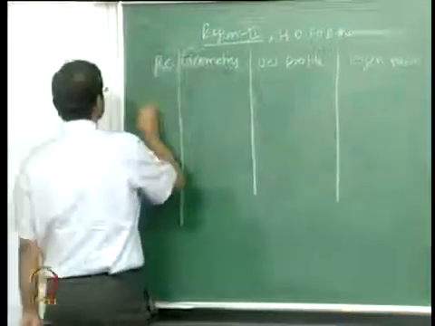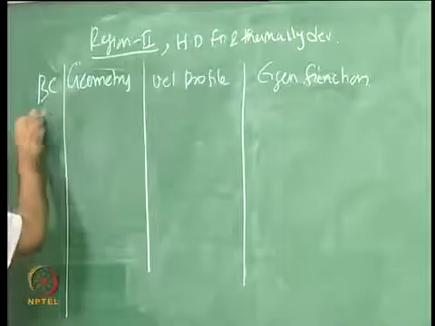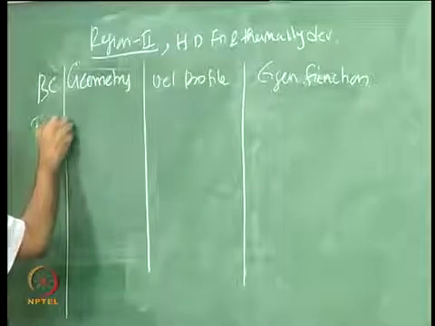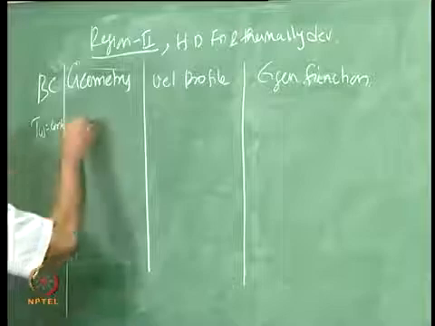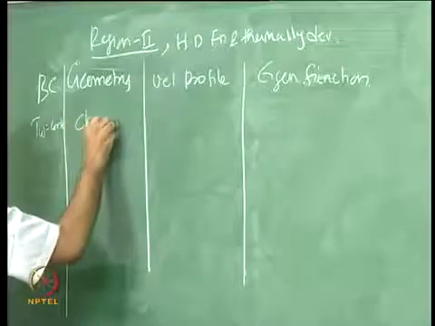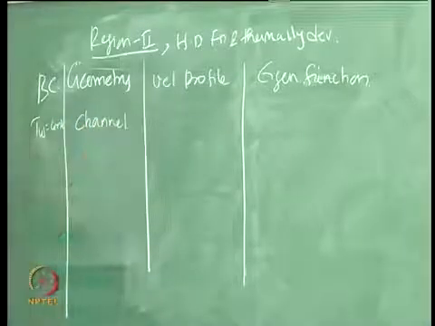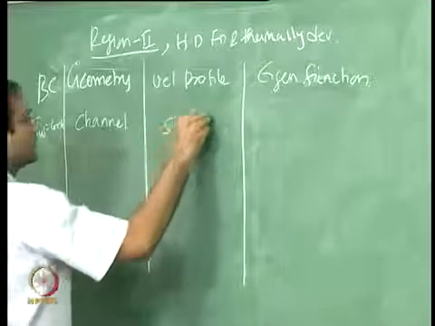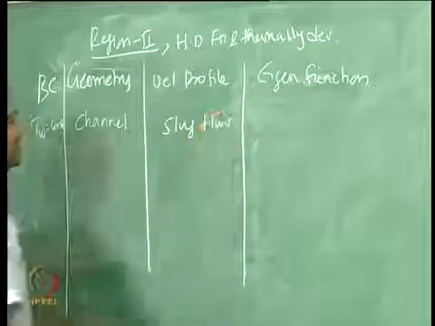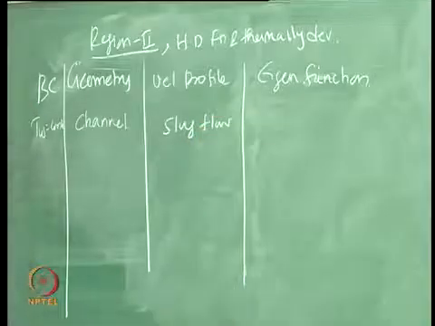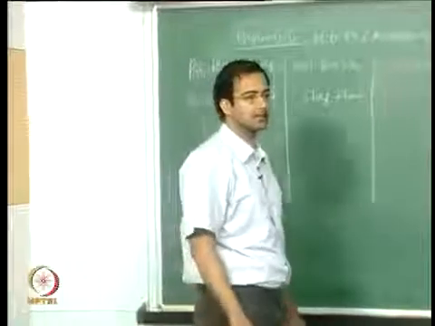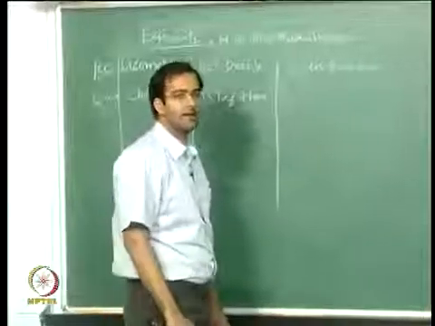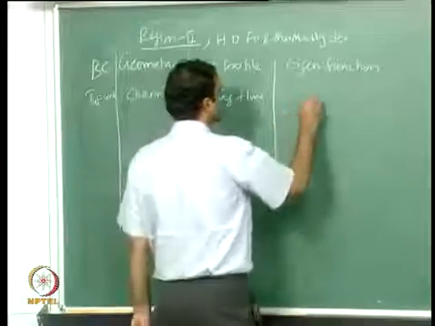So now look at the constant wall temperature, and if you look at the case of channel flow, that is in Cartesian coordinate system, and if you assume a slug flow or a plug flow velocity profile, the eigenfunctions will be in terms of sines and cosines.